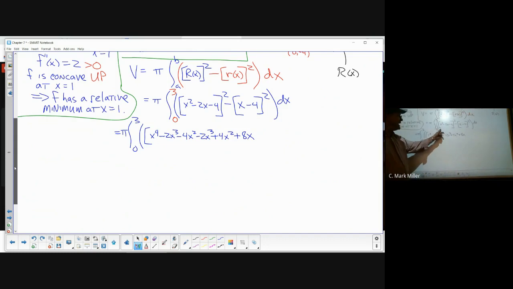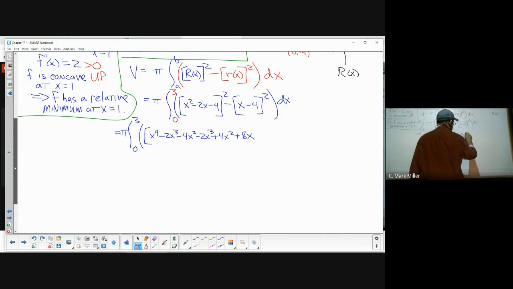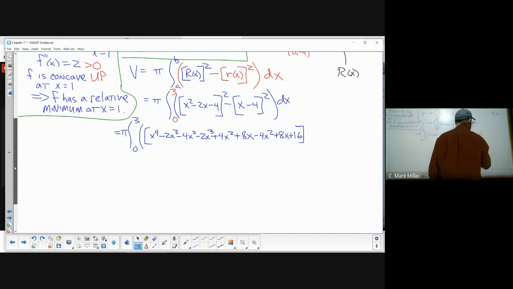That's minus 2x times all those terms. Then minus 4 times all those terms: minus 4x squared plus 8x plus 16. Close bracket.